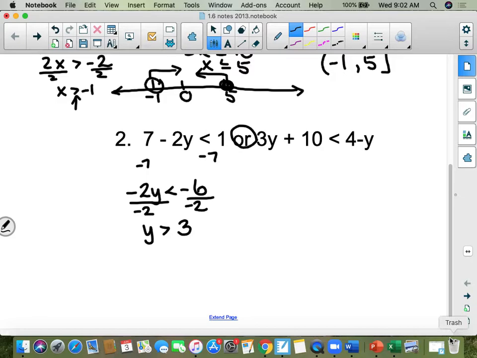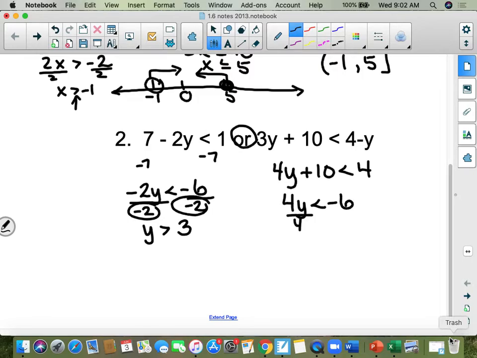You need to switch the sign because I divided by a negative number. I'm going to bring the negative y over to join the 3y, which makes 4y plus 10 is less than 4. 4y is less than a negative 6. Divide both sides by 4. Y is less than a negative 3/2, or a negative 1.5 if you want.